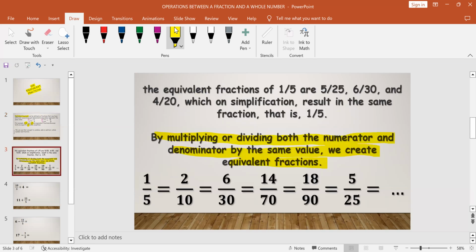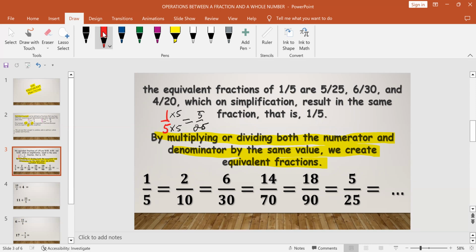Now, here, we'll multiply the numerator and the denominator by the same value. It means that if I have 1/5, I can multiply 1 by 5 and 5 by 5 to create another equivalent fraction, which is here 5/25.